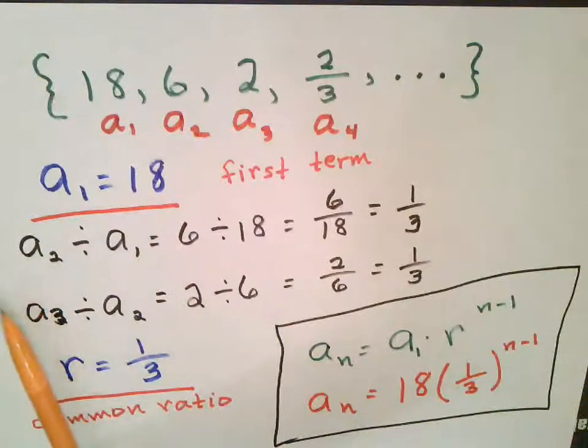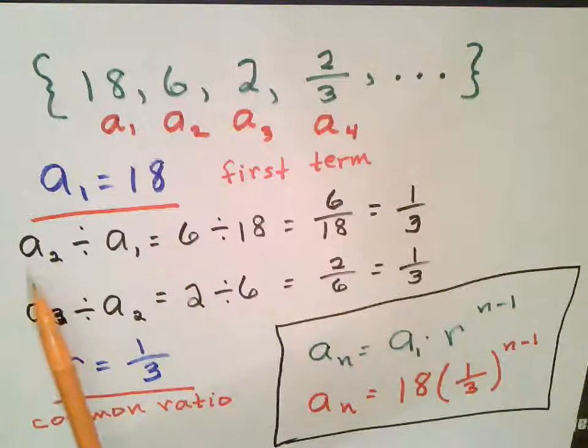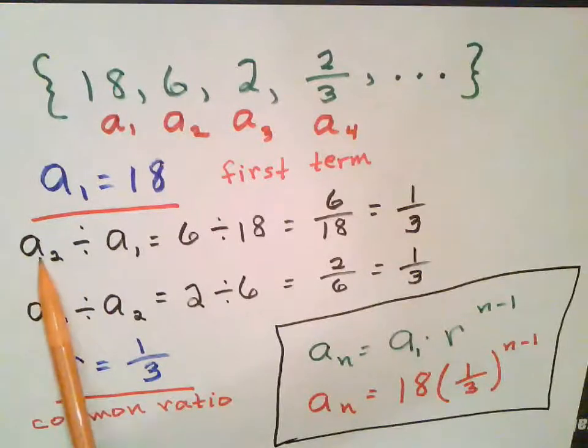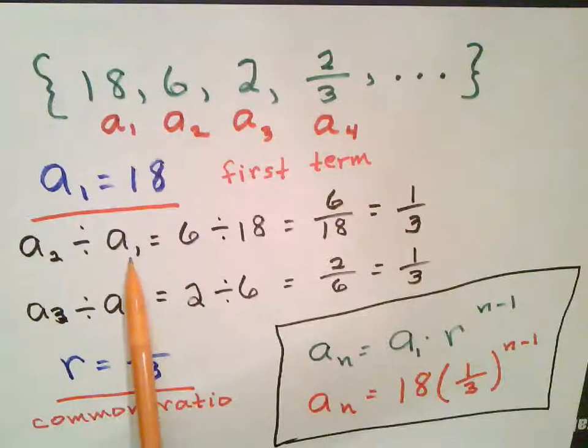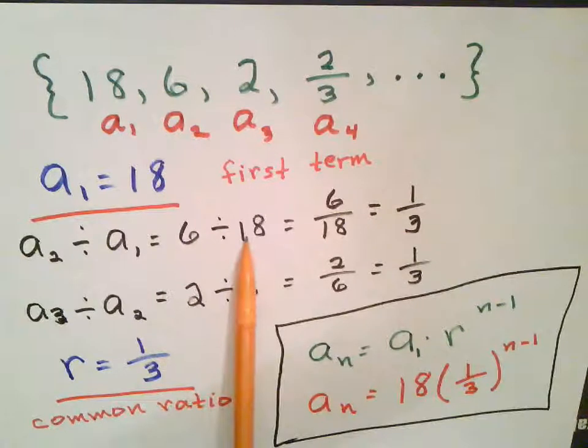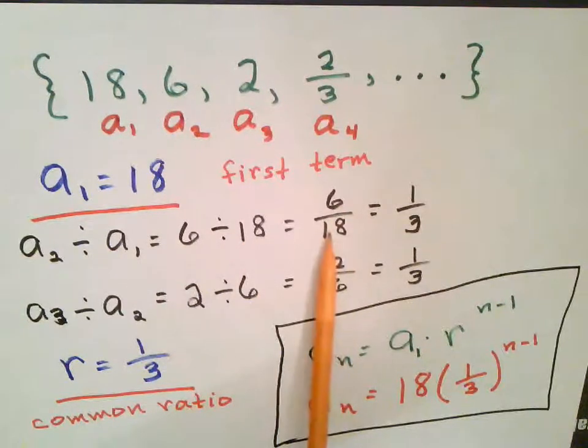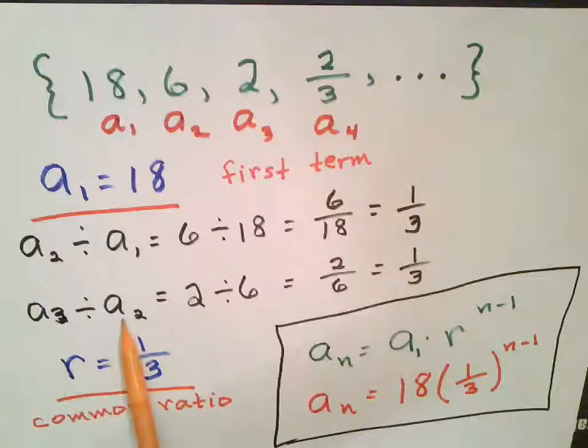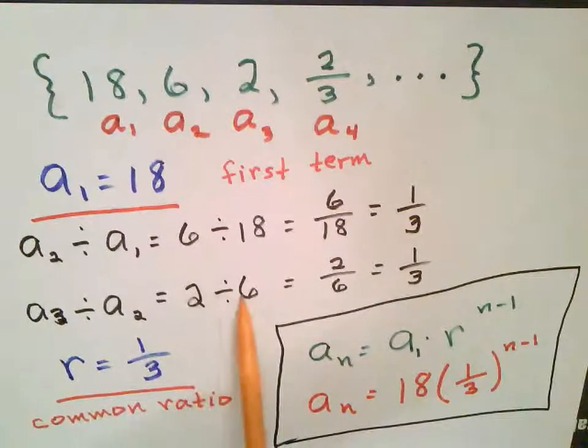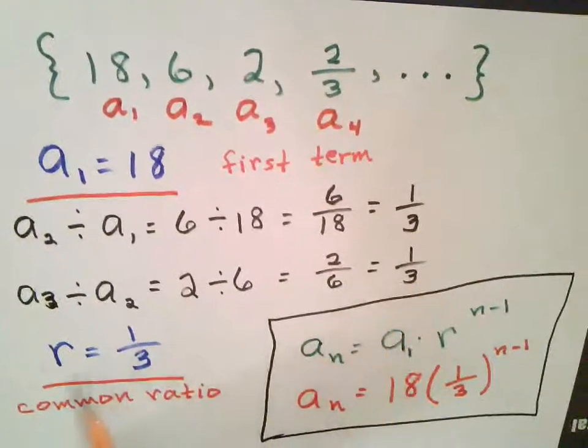To find the common ratio, we take two consecutive terms, a sub 2 divided by a sub 1, 6 divided by 18, which is 6 over 18, which reduces to 1/3. a sub 3 divided by a sub 2, which is 2 divided by 6, which is 2 over 6, which reduces to 1/3. So our common ratio is 1/3.